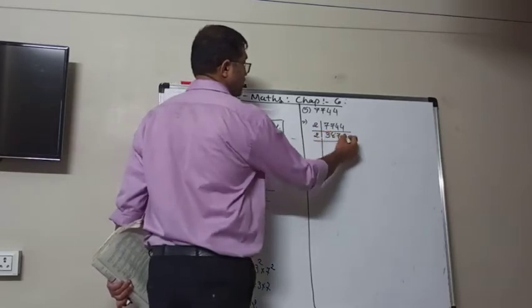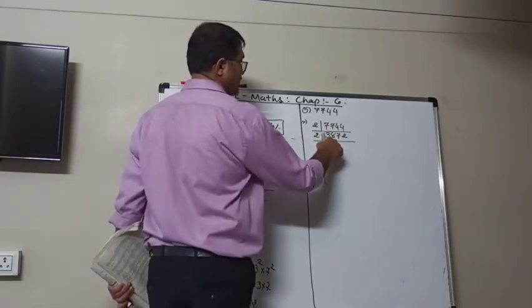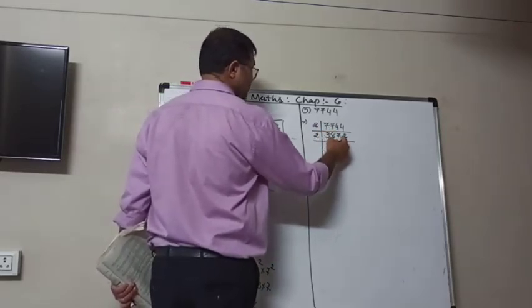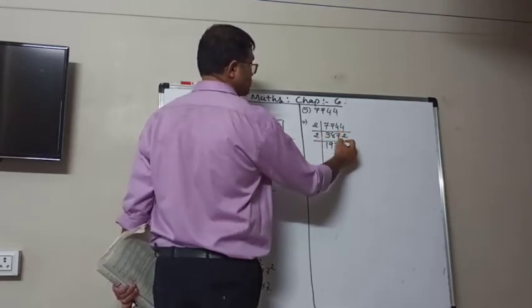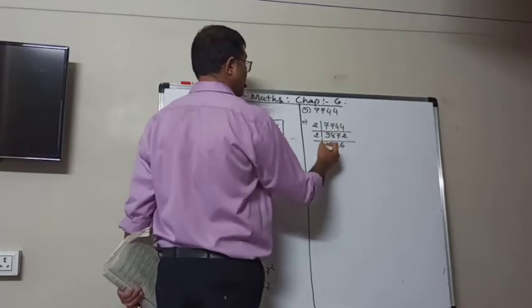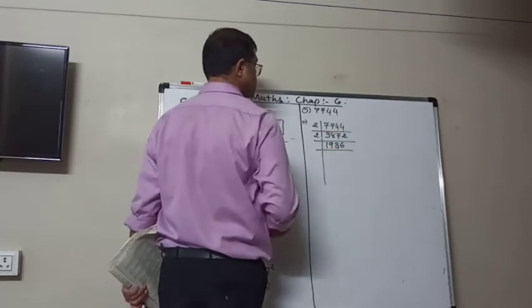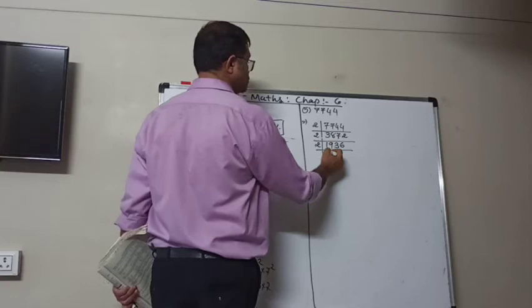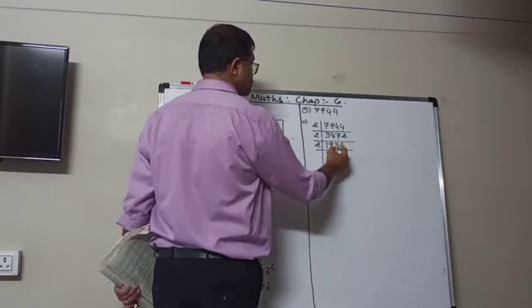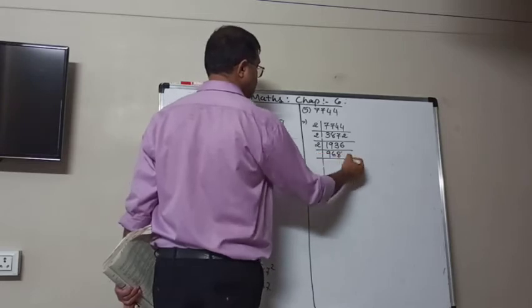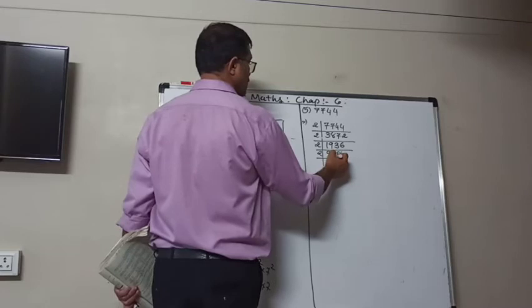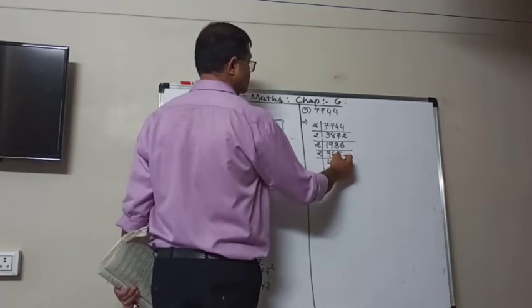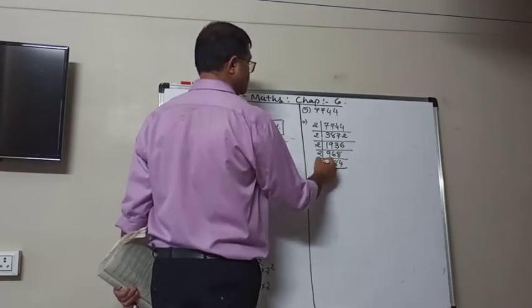Here 2, again 2 1s are 2, 1 remainder, so 18, 2 9s are 18, 2 3s are 6 and 2 6s are 12. Again divisible by 2, 2 9s are 18, 2 6s are 12 and 2 8s are 16. Again divisible by 2, 2 4s are 8, 2 8s are 16 and 2 4s are 8.